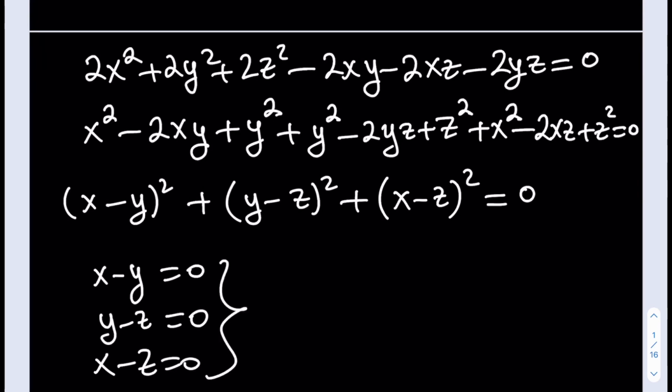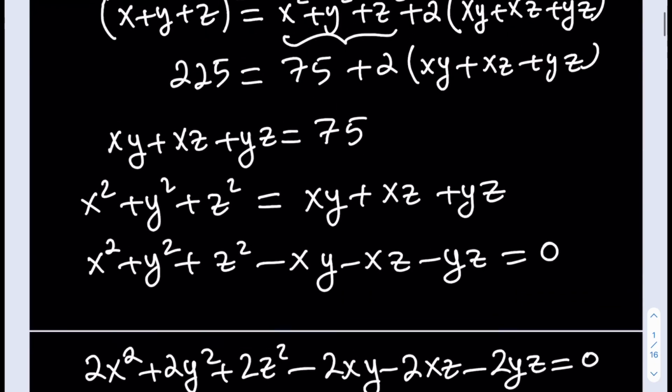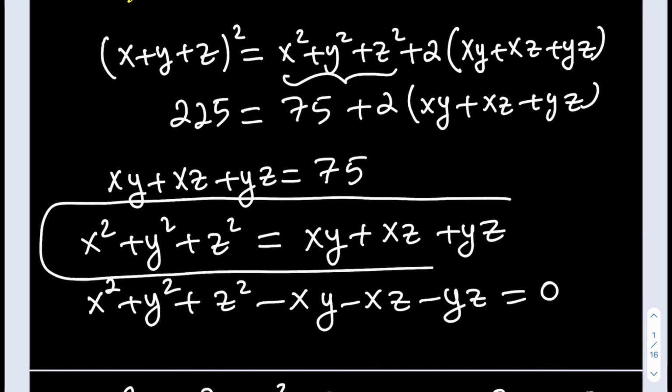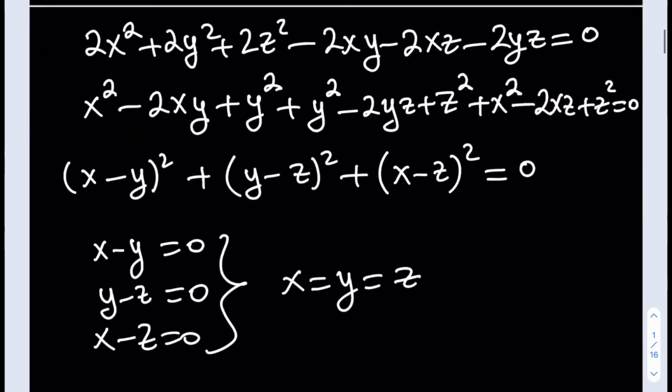Meaning that if you put it all together, this means x equals y equals z. So basically, kind of going backwards, this equation means that x, y, z all have to be equal to each other. Okay? Which is kind of cool. And we could prove that in different ways, of course.